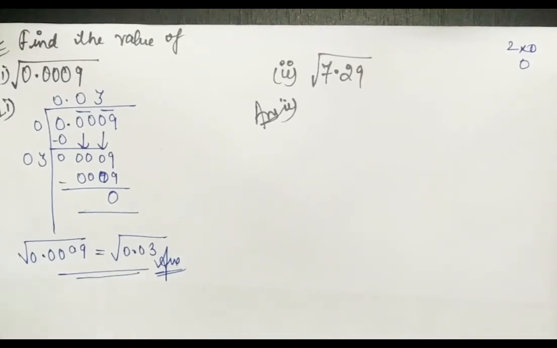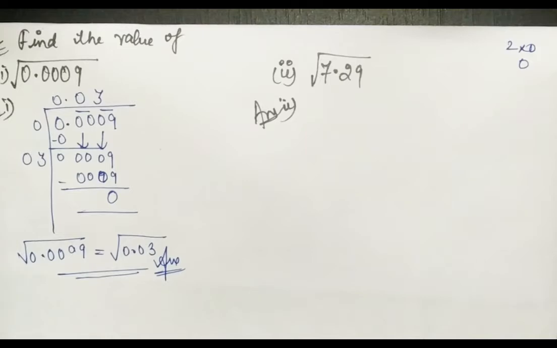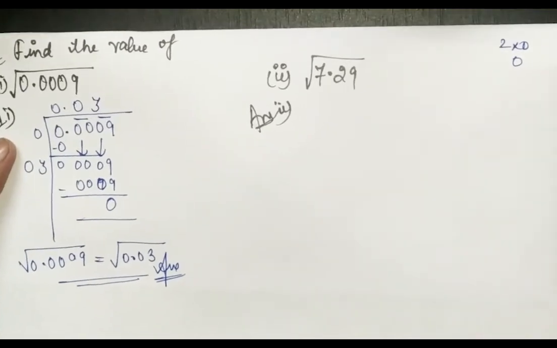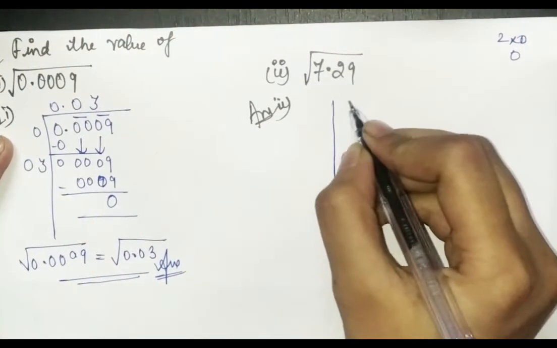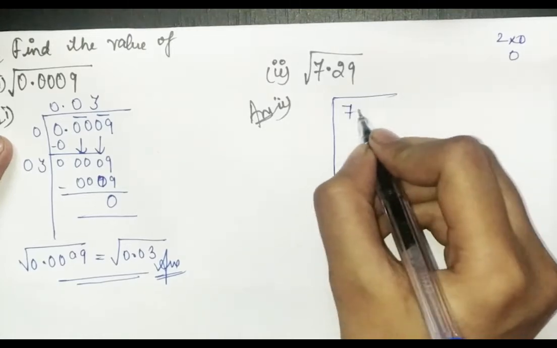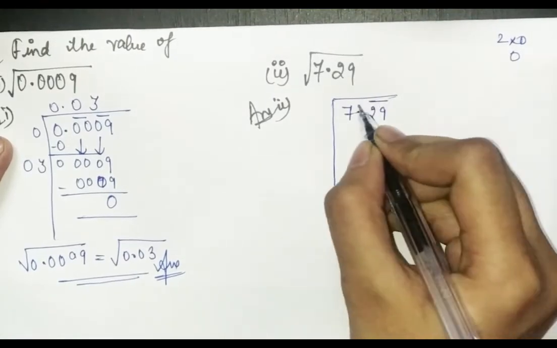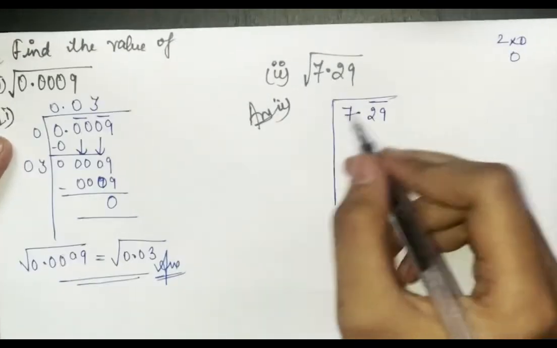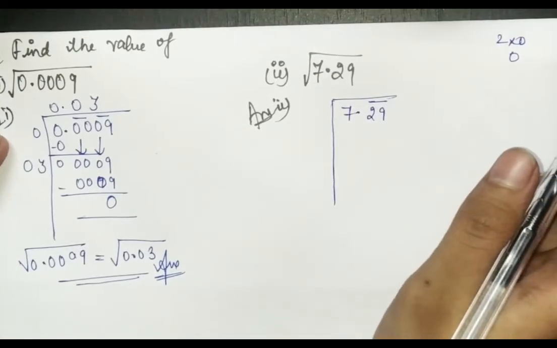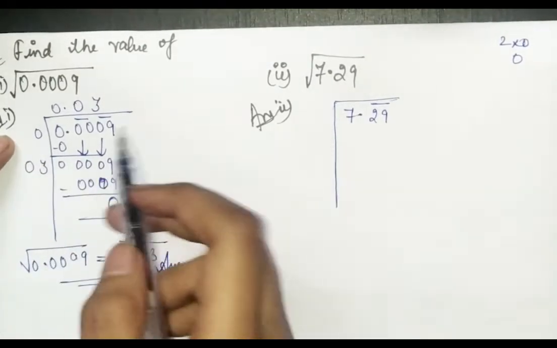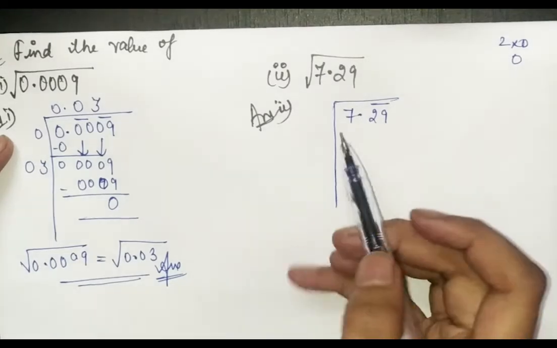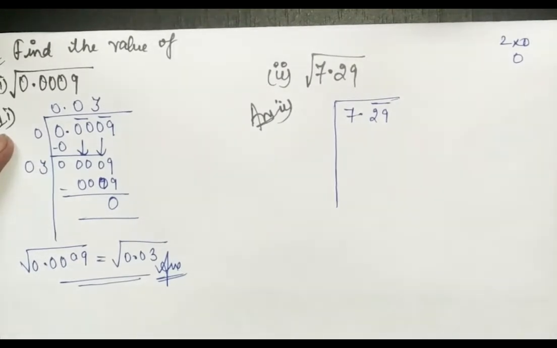Now we will be doing 7.29. How to find this? Similarly, for 7.29 we just have to do the long division only, that is first this and then write 7.29, means 1 pair, and it's making no pair. I have told you in the introduction of this question also that 7 is not the square of any number.